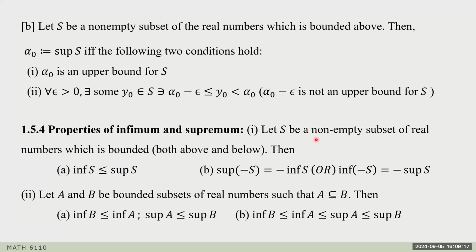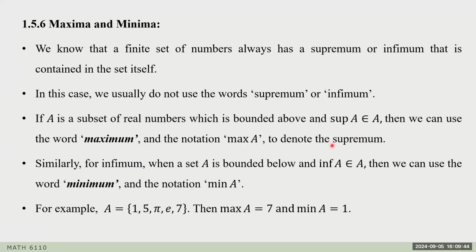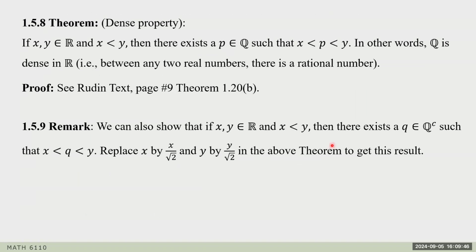If we remove that non-empty condition, then look at the first result here, that the infimum of a set is less than or equal to the supremum of a set. That's not true for the empty set. So you always have to remember in your head that I need to remove this annoying case of the empty set. So I always need to add to my statements, non-empty subset, right? And you can look up these proofs.